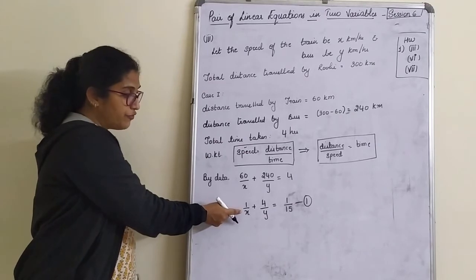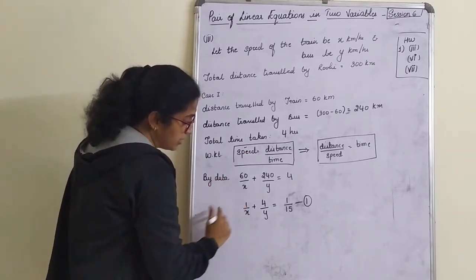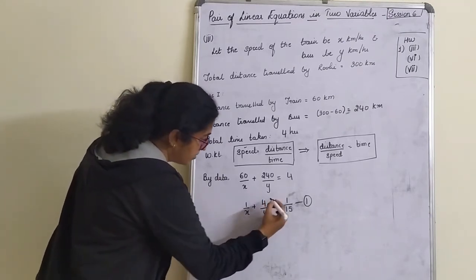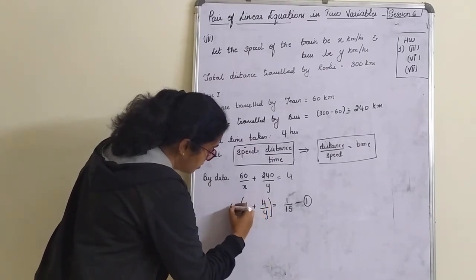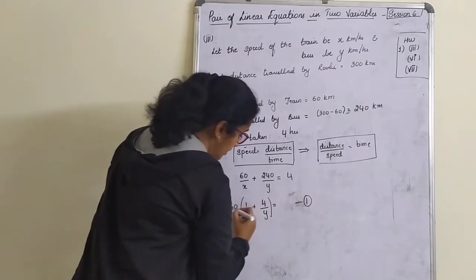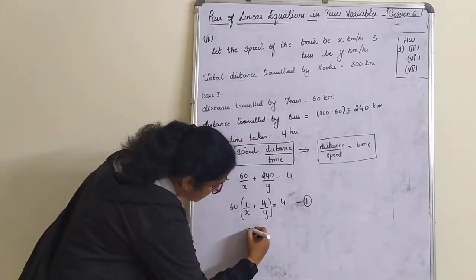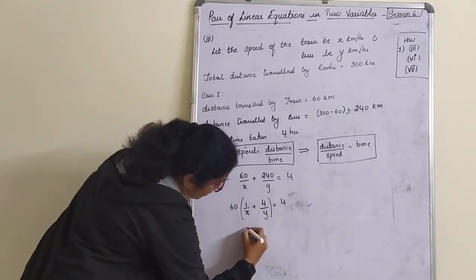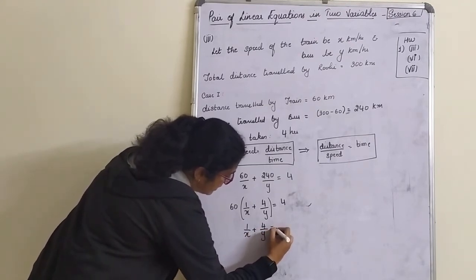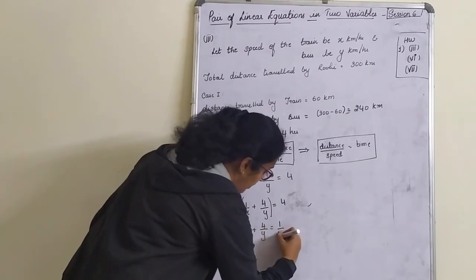Isn't this equation much simpler to solve? See what I did here: I took 60 common. If you take 60 common, the 60 will come down in the next equation, and it will be written as 1 upon x plus 4 upon y is equal to 4 by 60, which is 1 by 15.